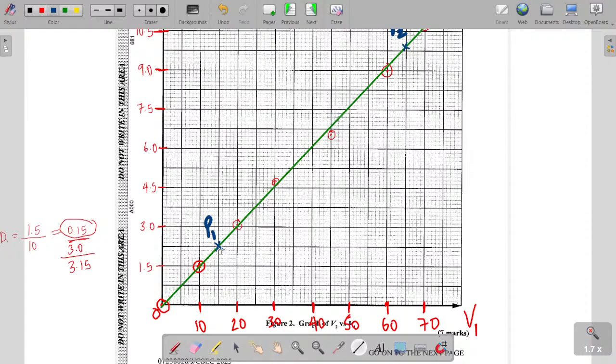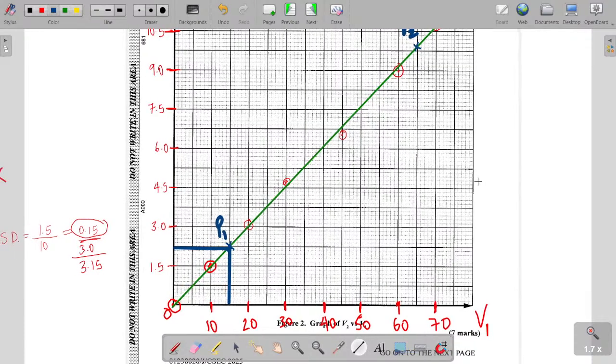So for point number 1, our coordinate is going to be that point on the x-axis along with this point on the y-axis. For P1, you must have an x value, which is going to be x1, and a y1. So for this, the x value is 15. It's midway between 10 and 20.